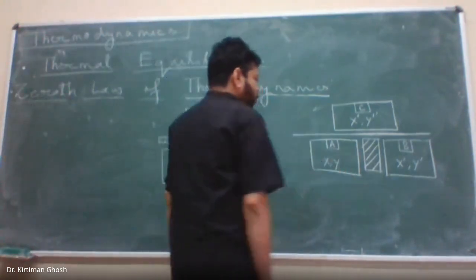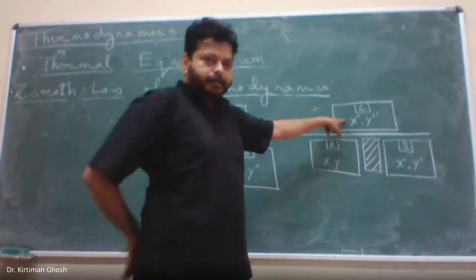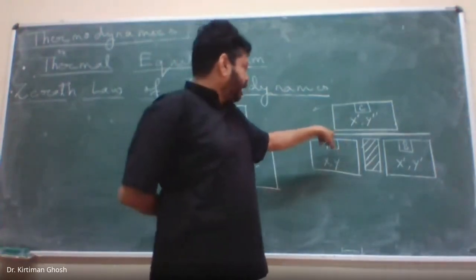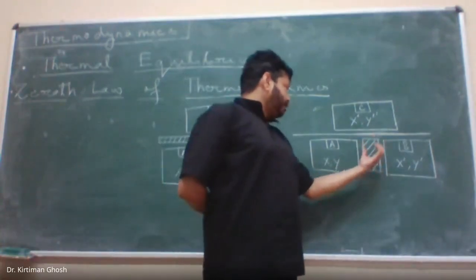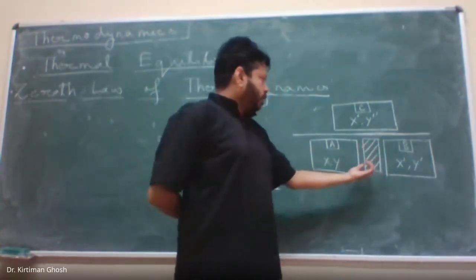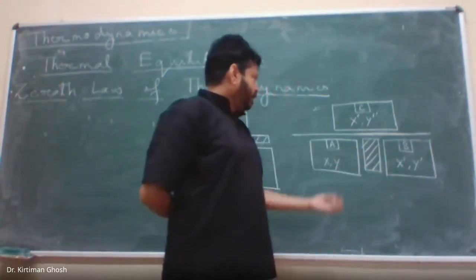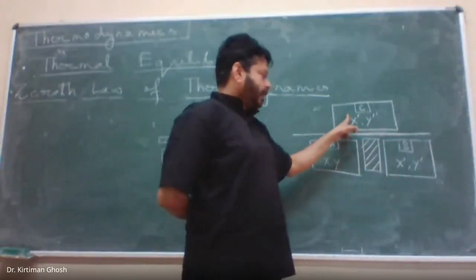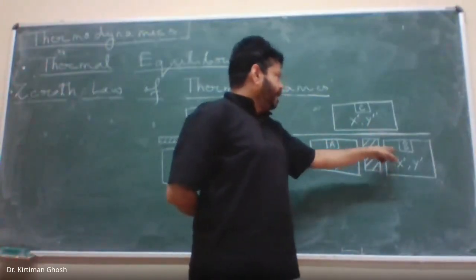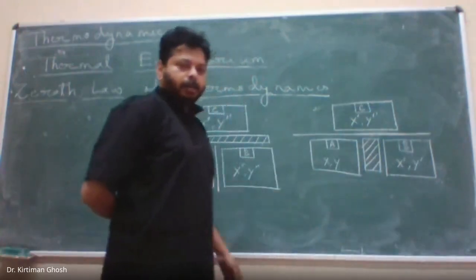In situation two, the systems A and C are in thermal equilibrium, because they are separated by this diathermic wall. But systems A and B are separated by this adiabatic wall, so they are not in thermal equilibrium. And systems B and C are also separated by a diathermic wall, so they are in thermal equilibrium.